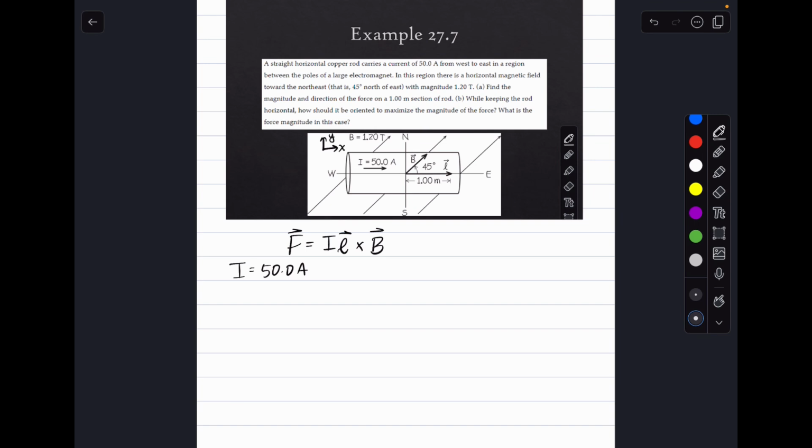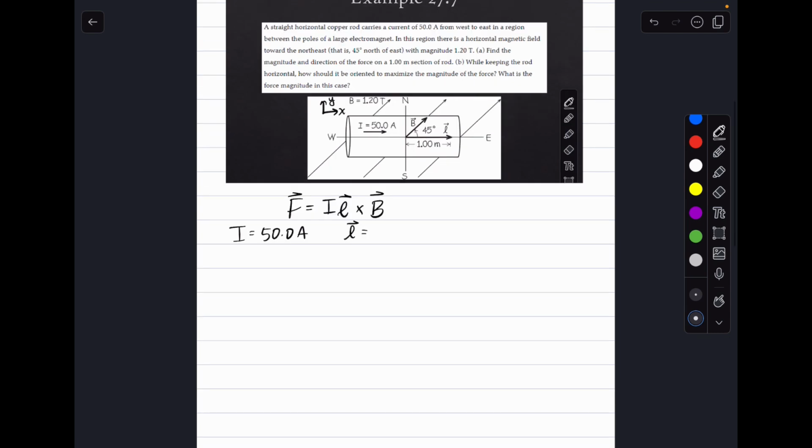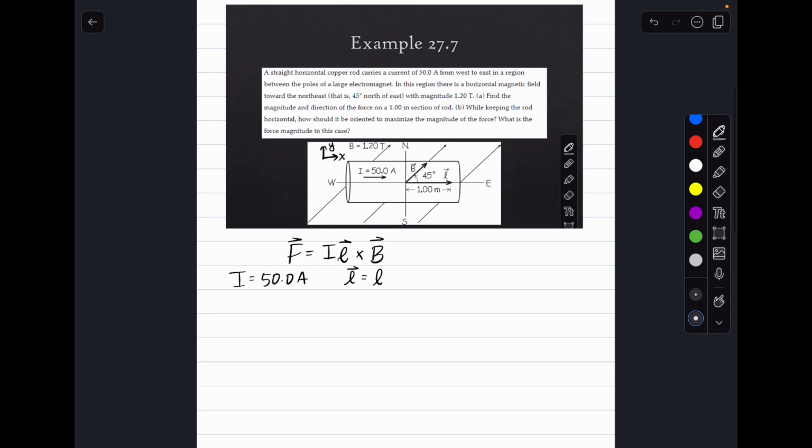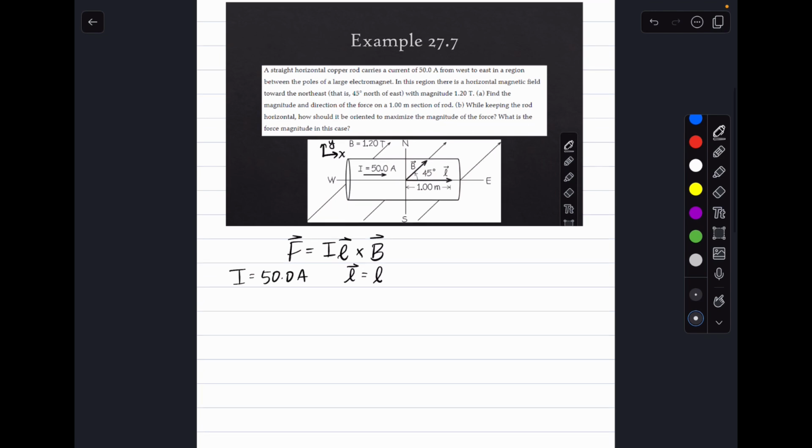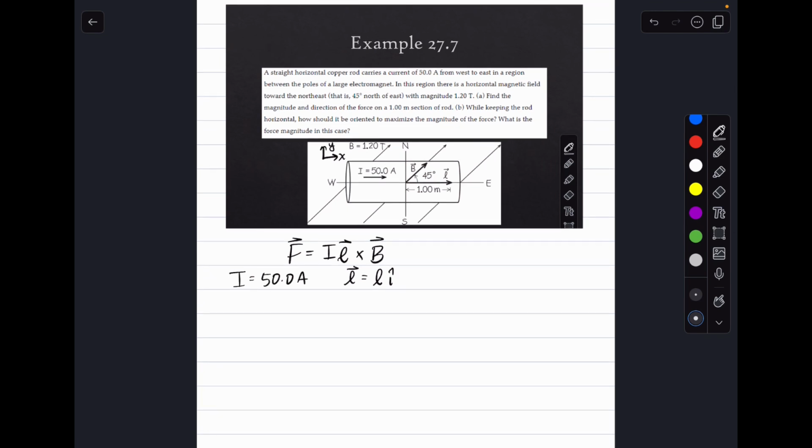We could say that our L vector is the length of the rod in the x direction, I hat. What's the length of the rod? It's the 1 meter section, so our L vector is 1 meter I hat.